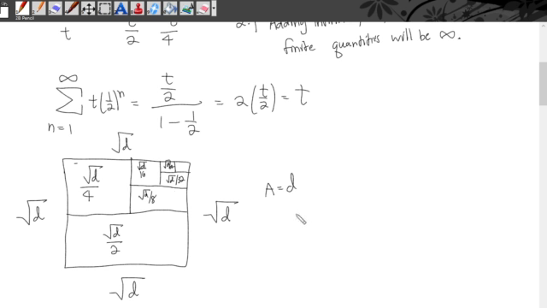Because we know that this square, if we plug in any value for d, would have some finite number. And we can see that adding up infinitely many of these increasingly tinier pieces would just yield a finite value.